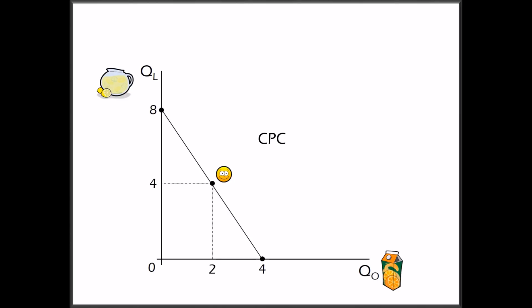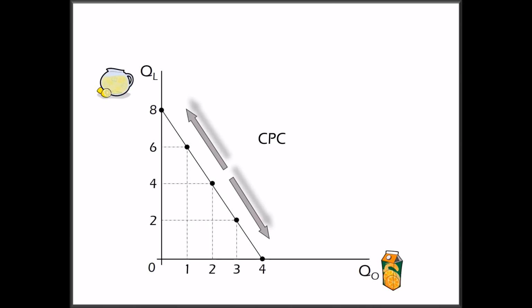If this individual prefers lemonade, the preferred consumption combination could be, for example, 1 unit of orange juice and 6 units of lemonade. If this individual prefers orange juice instead, the preferred consumption combination could be, for example, 3 units of orange juice and 2 units of lemonade. This is what we call a movement along the CPC.